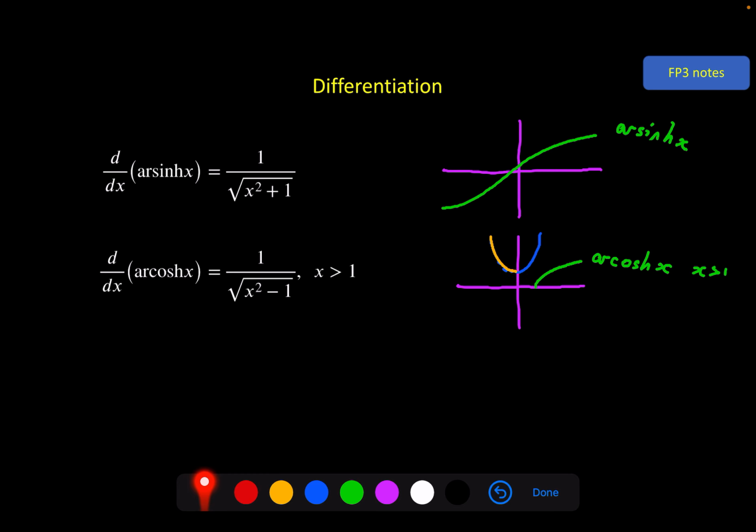And if I inverted that, I'm running out of colours, red. If I inverted the yellow one, r cosh would then be this. And x would still have to be greater than 1. But you can see here in red, the gradient would always be negative and it would never be positive. In which case, my gradient would have to have a minus sign in front.